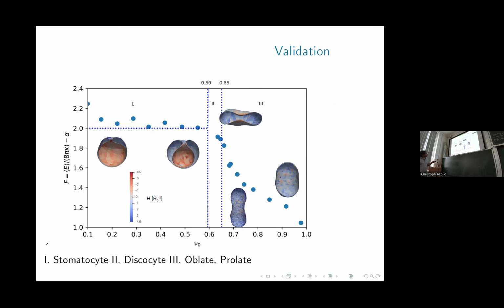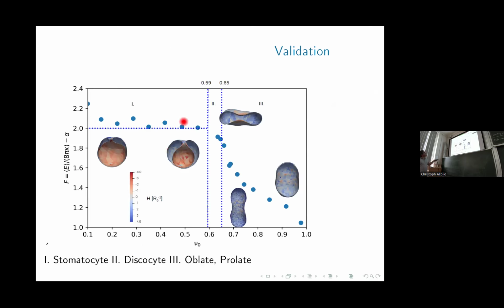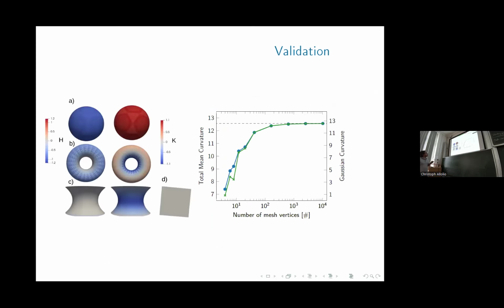This diagram shows you the reduced energy as a function of the reduced volume. The reduced volume is just a reference to the unit sphere. So that's a correct result if you compare it with the literature.